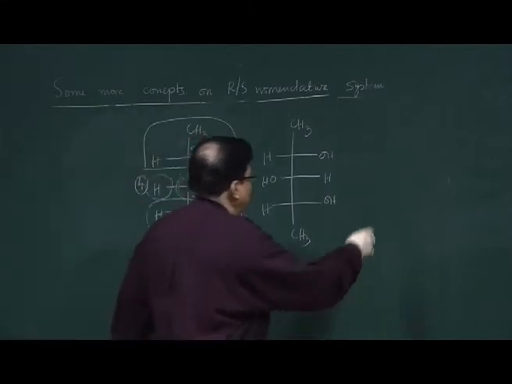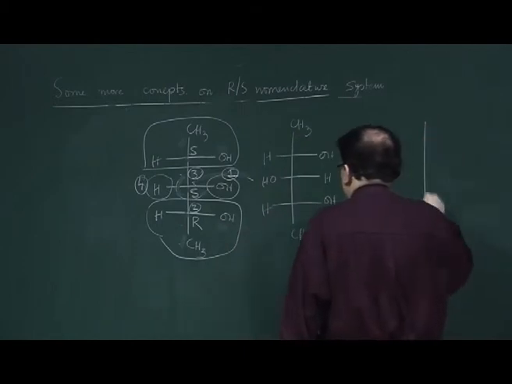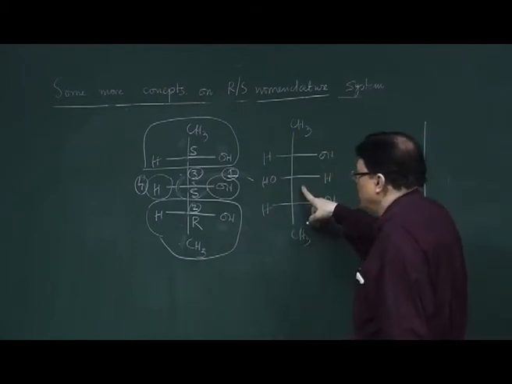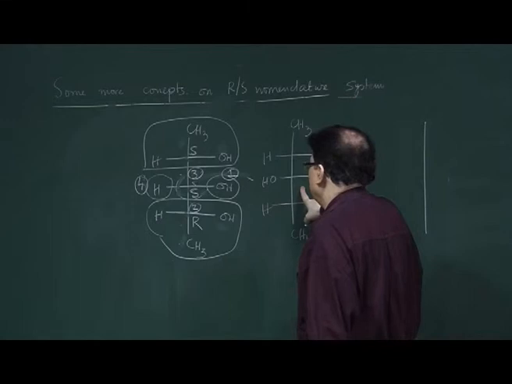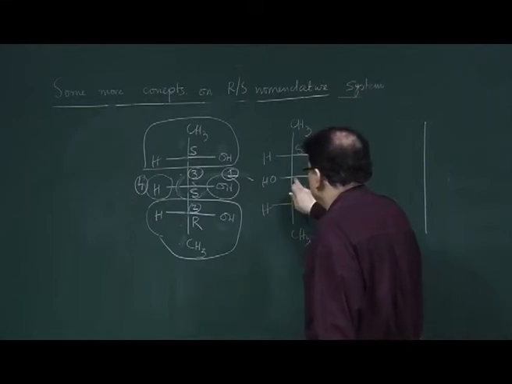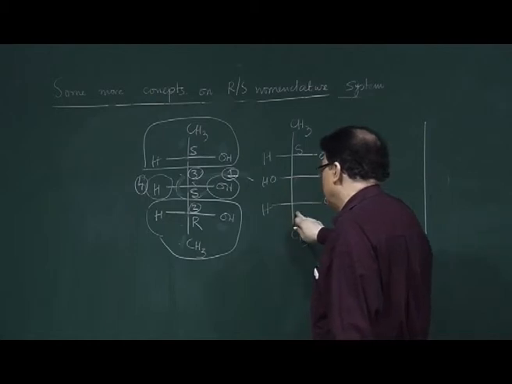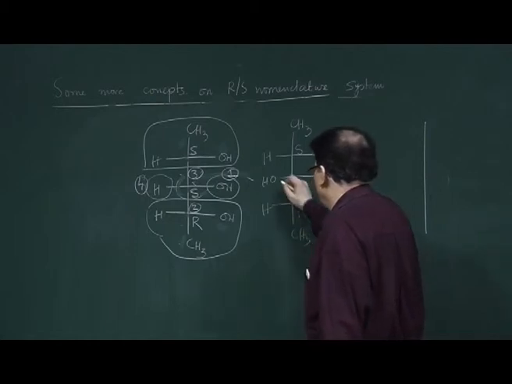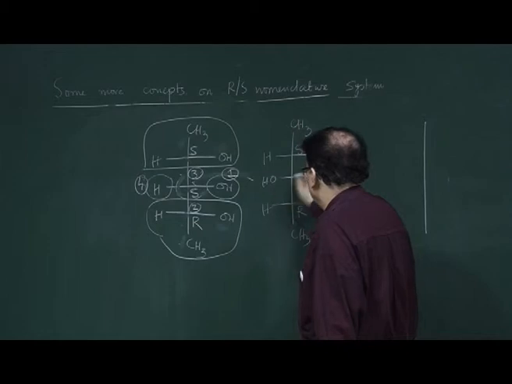Now, interestingly, for this molecule, accordingly you can tell what it will be, because this still remains S, because you have changed only this carbon, this remains R, only this one got changed. So, that must have an R configuration.